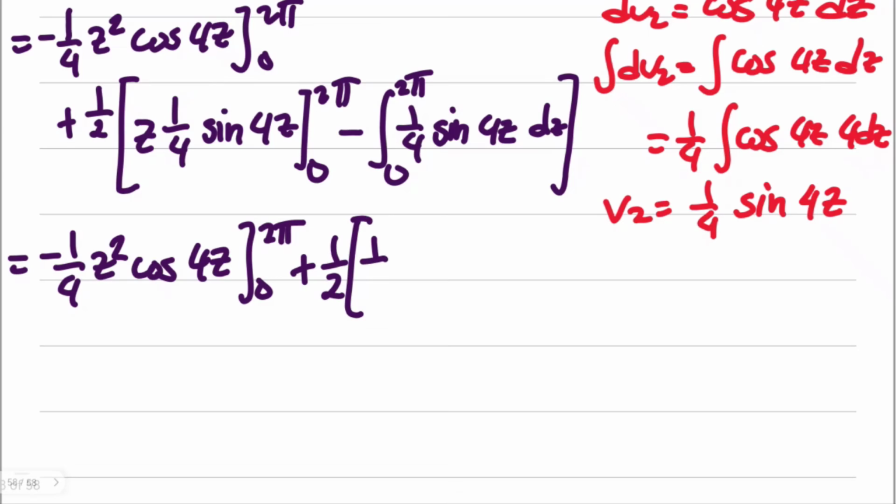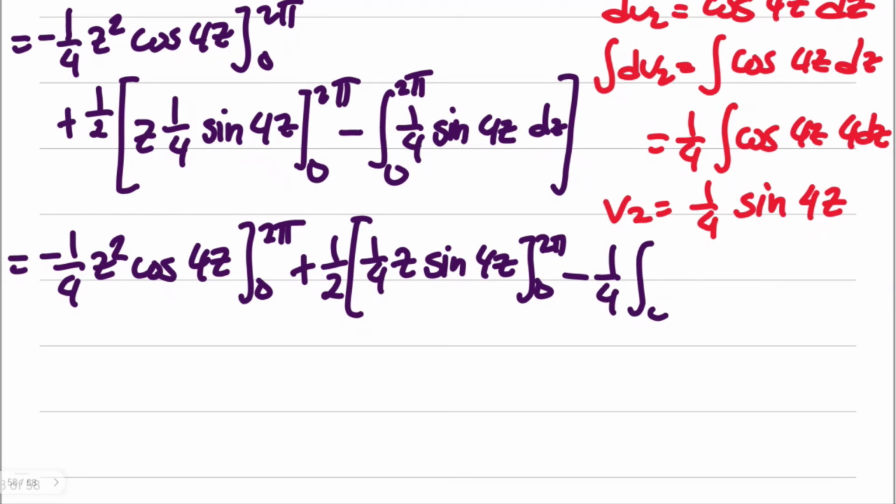So 1/4 z sine of 4z from 0 to 2 pi. Then you have here, let me take out 1/4, minus 1/4, the integral from 0 to 2 pi of sine 4z dz. Okay? These are all again the product of 1/2.